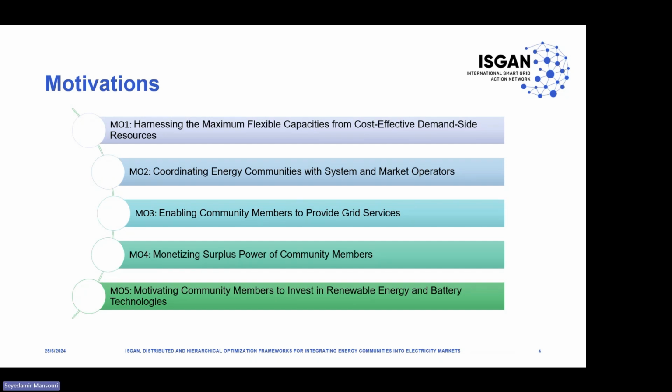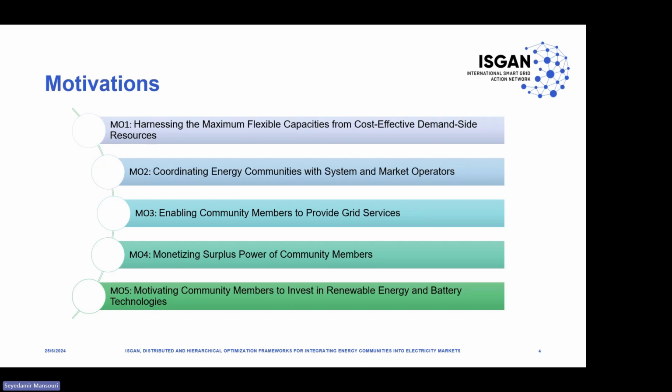The third motivation is enabling energy community members to provide grid services. The fourth is monetizing surplus power of community members, like smart homes.